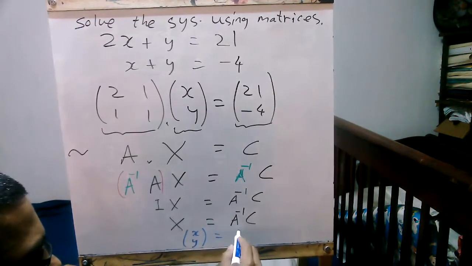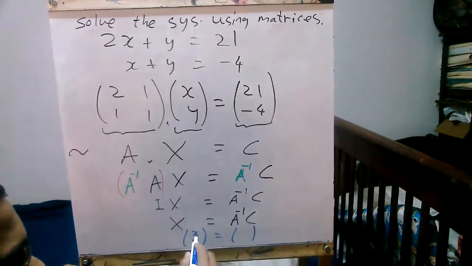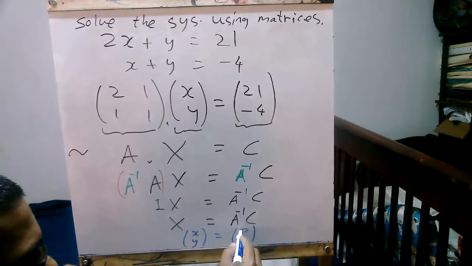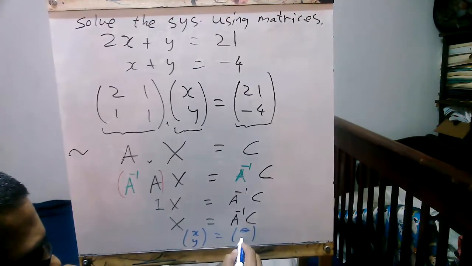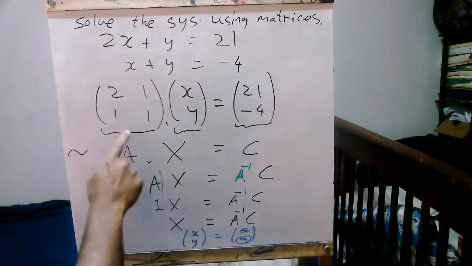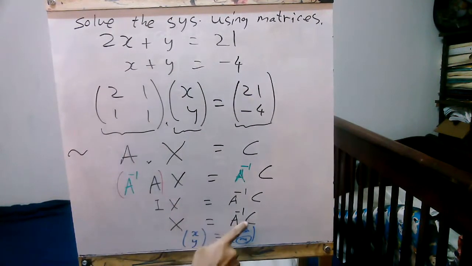Here we get two numbers, then we say X is this and Y is whatever number is here. So what we want to find is the inverse of A, and we have to multiply that with C.